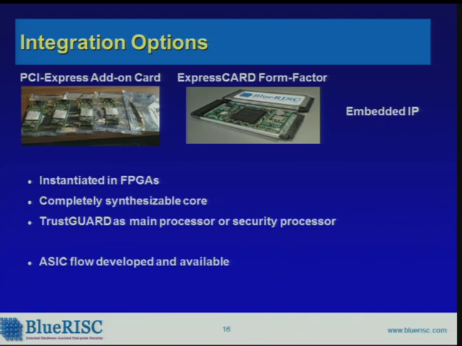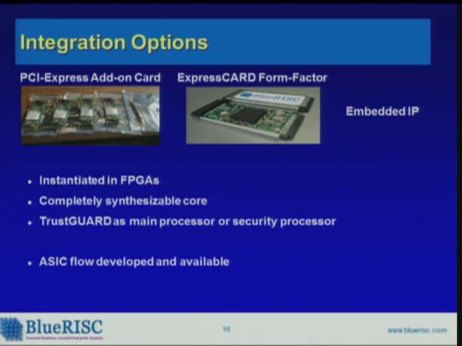Briefly, the integration options. Obviously, one is embeddable IP within a FPGA system or a hybrid processor FPGA system. But outside of that, we do have form factors available that contain these cores or other TrustGuard processor family cores.